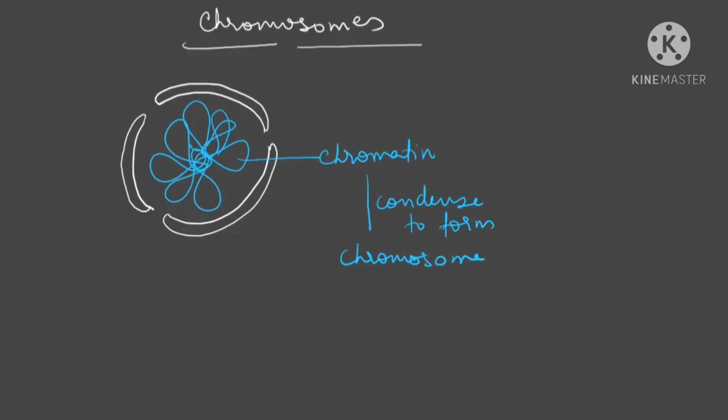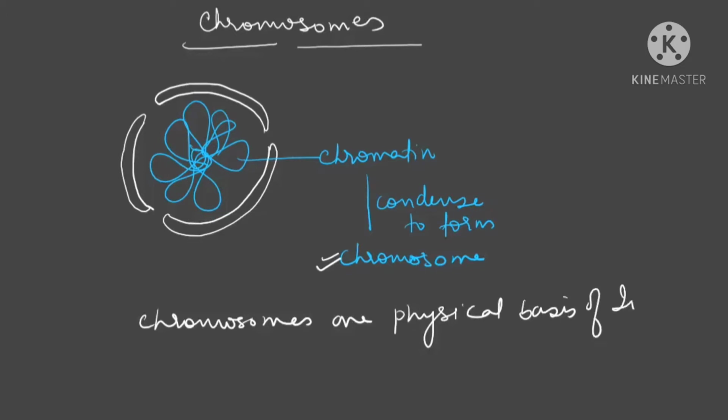So today we'll be discussing the chromosomes. First of all, they are known as the physical basis of inheritance, and genes, that is DNA, are the chemical basis of inheritance.